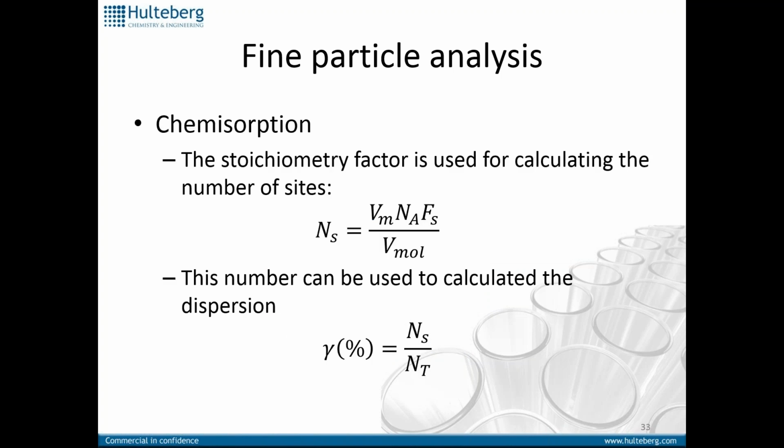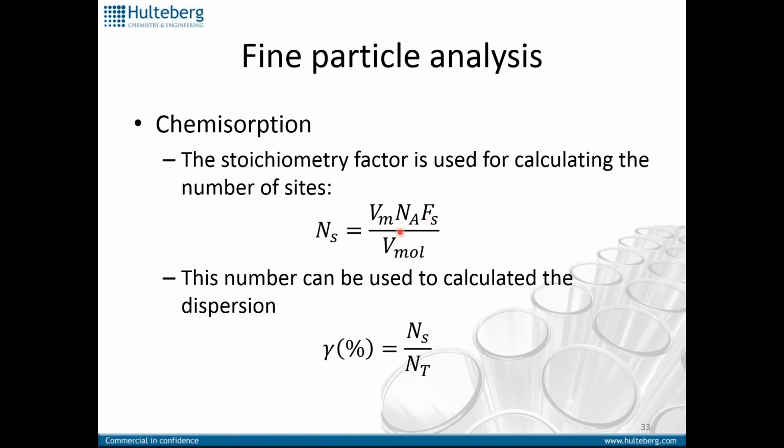But once we know the stoichiometric factor, we can calculate the number of sites. We have the adsorbed amount of gas, we have Avogadro's number, and we have the stoichiometric factor.